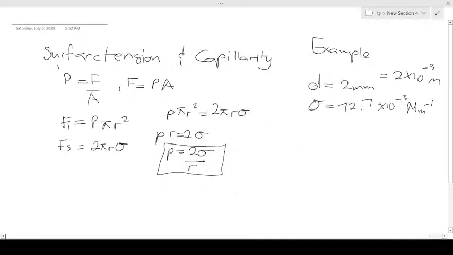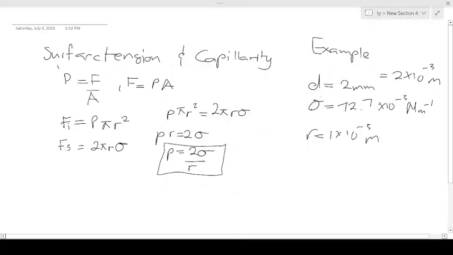Okay, so we are looking for pressure. What do we have? We have surface tension, we have diameter, and we know that radius is half the diameter. So if the diameter is 2 times 10 raised to the power minus 3 meters, then the radius is going to be equal to 1 times 10 raised to the power minus 3 meters, because we divide by 2.